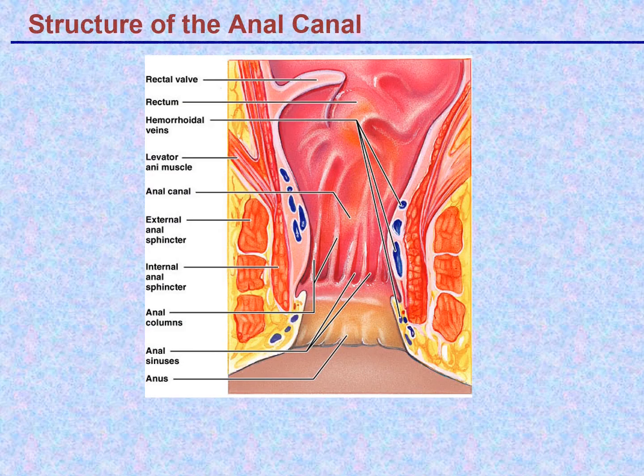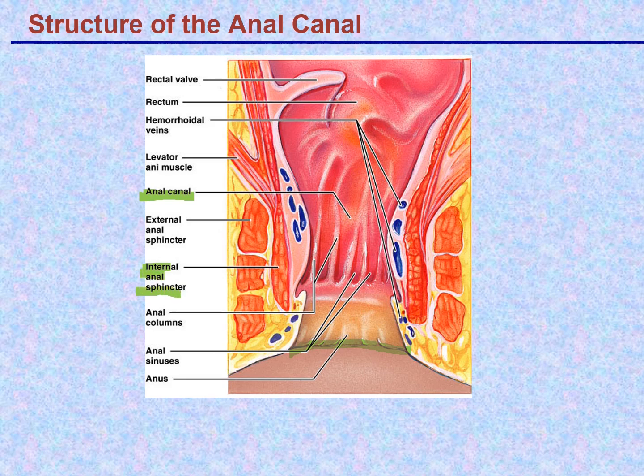Here you see a diagram showing the rectum and the anal canal region of the large intestine as it goes towards the end point, the anus here. And as I told you, there is both an internal and an external anal sphincter.